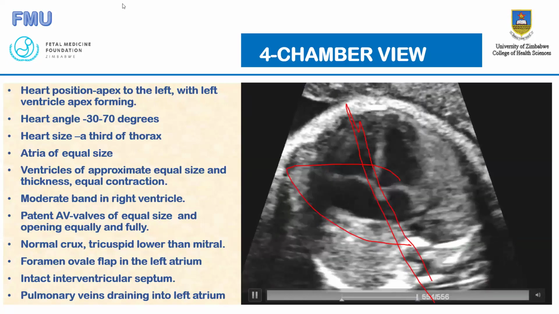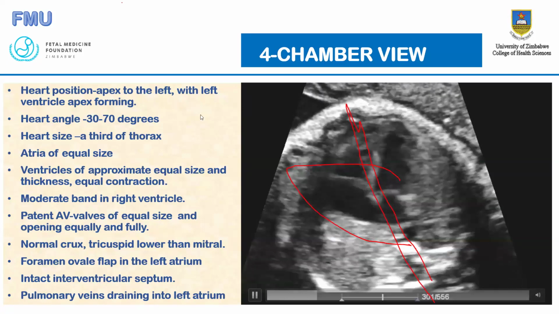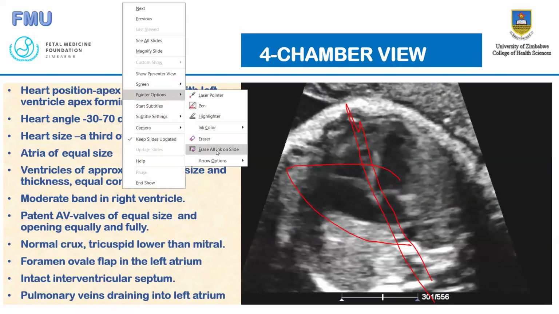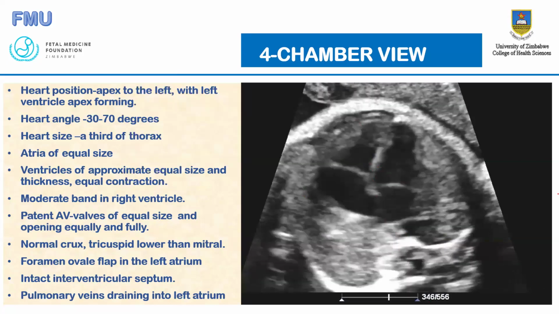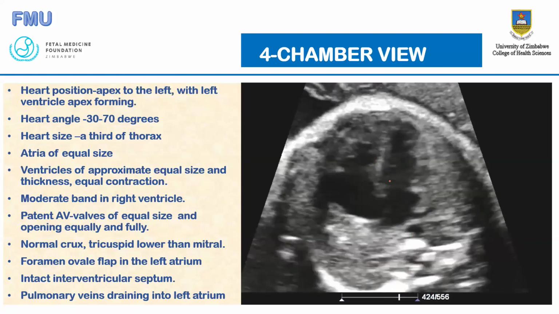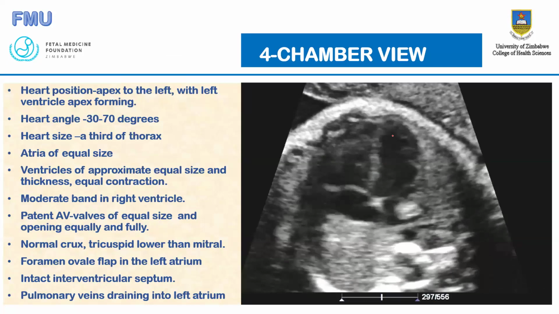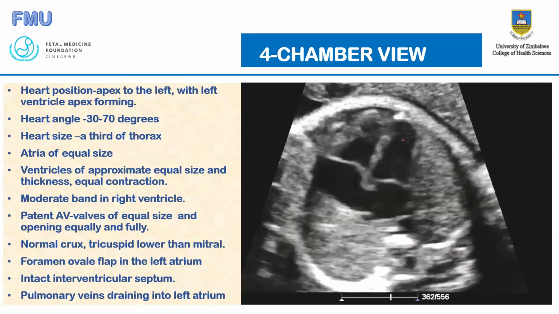Let me see if I can clear my, so that we can continue. Right, great. So then the heart angle, the apex, the left ventricle should be apex forming. This is the left ventricle, this is the right ventricle.